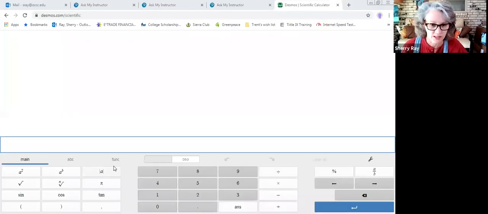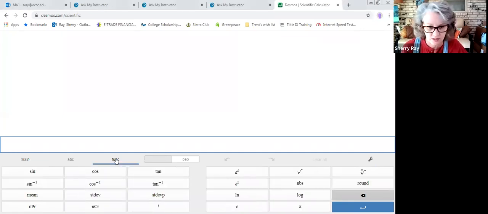So let's go to my Desmos calculator. I have natural log. Let me see if I can find that under function. Oh, here it is.